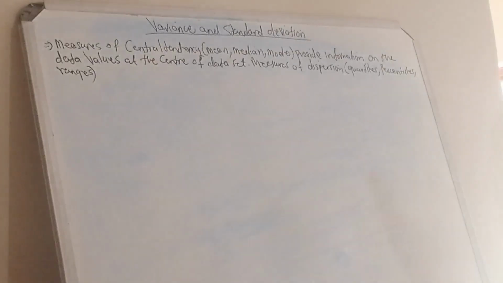So the measures of dispersion: quartiles, upper and lower quartiles, Q1 and Q3, percentiles, and then ranges. Unfortunately, we haven't dealt with this, maybe calculating 80% or whatever percentage of that data. We haven't yet dealt with the percentiles.